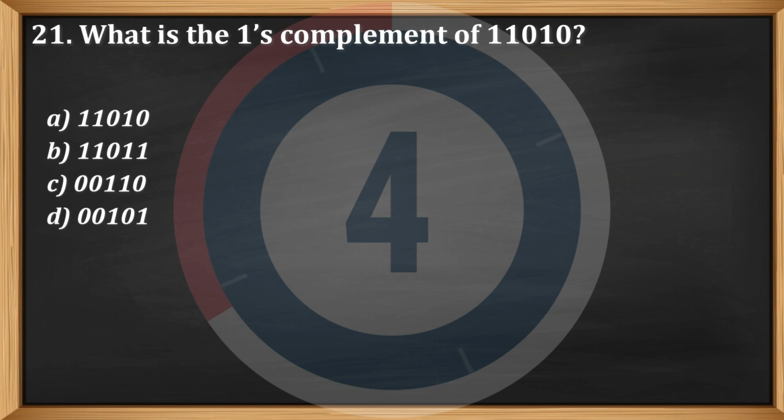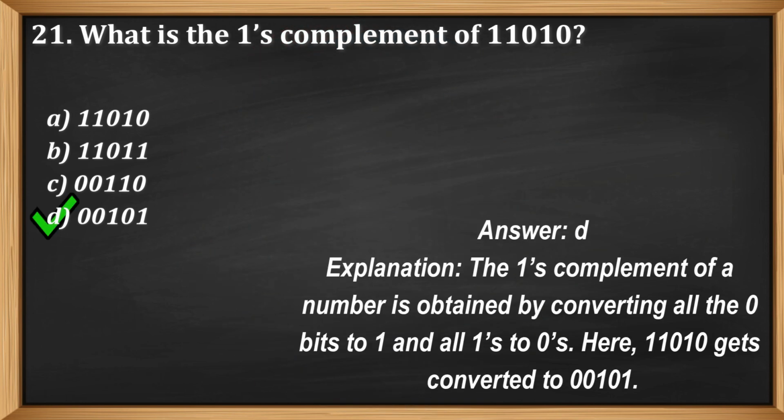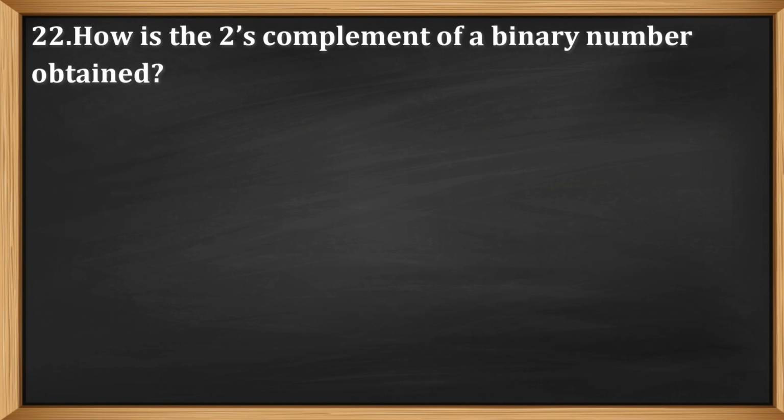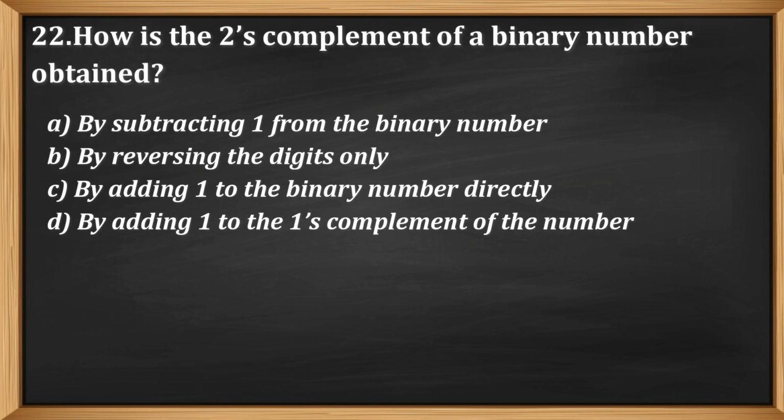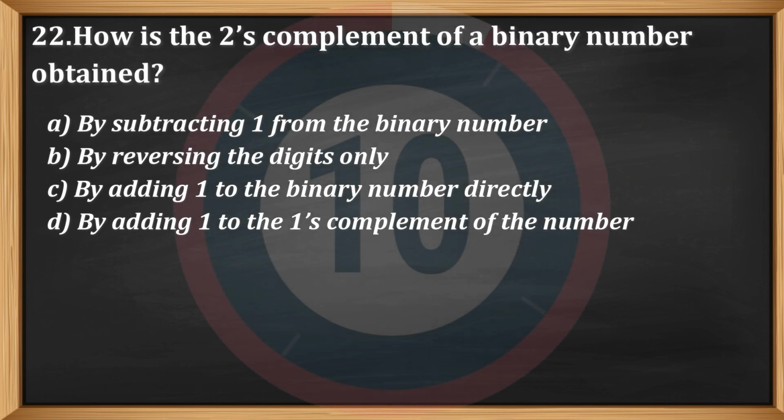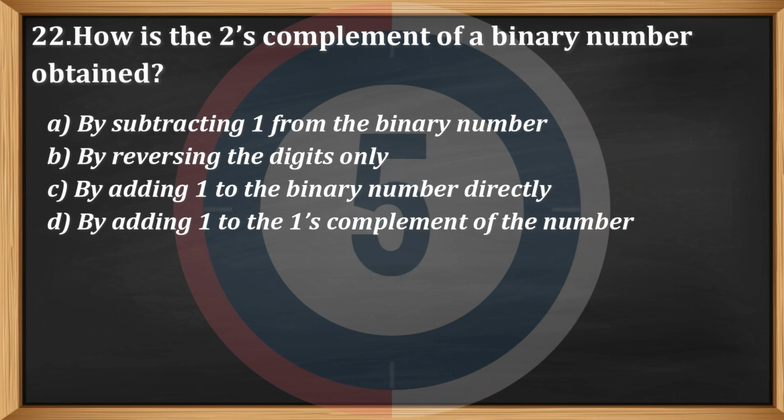What is the 1s complement of 11010? Option D, 00101. How is the 2s complement of a binary number obtained?